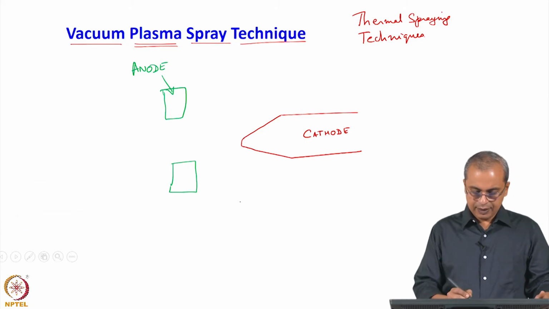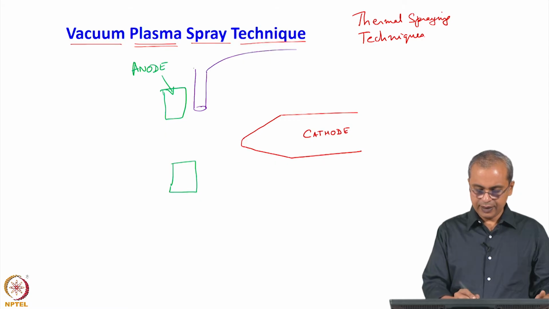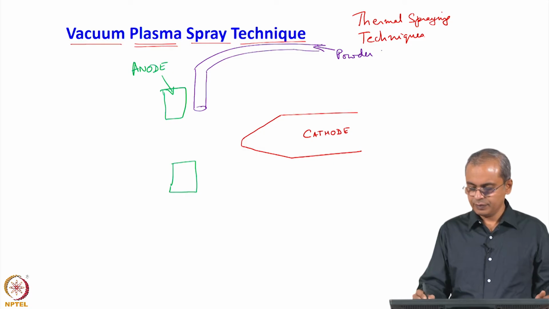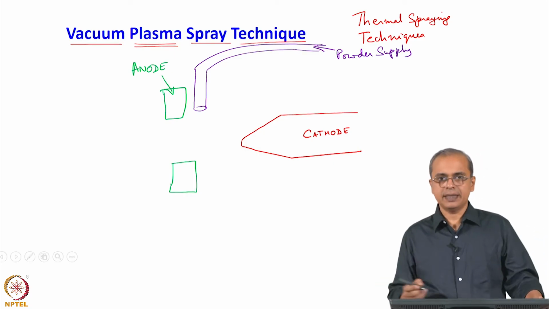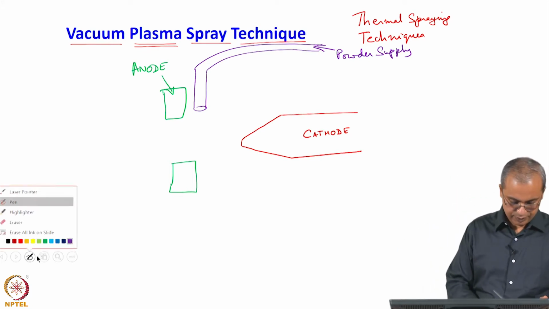Then there is a small opening here which is connected externally, and it is basically the powder supply. They call it the feedstock. It is this powder that is being supplied to this unit.